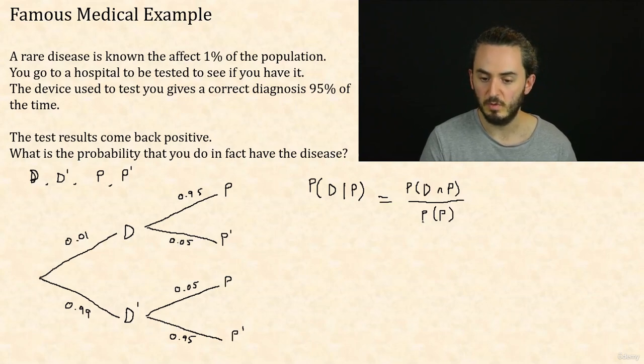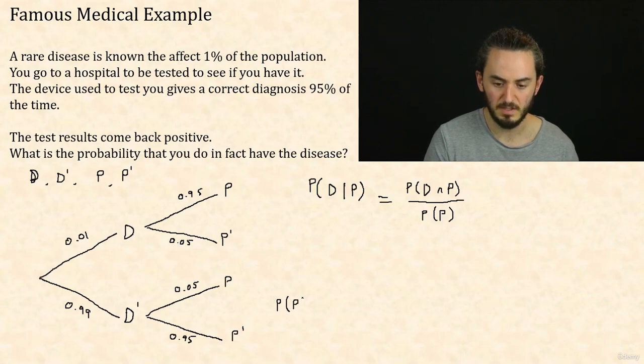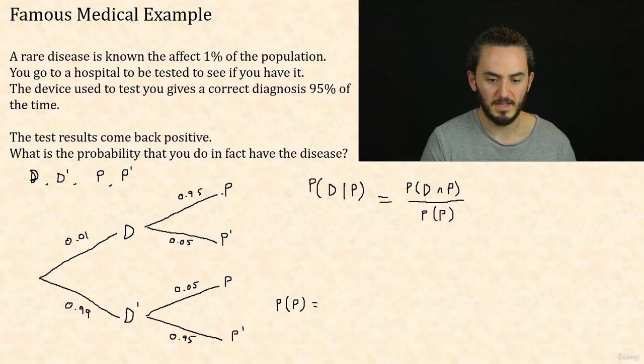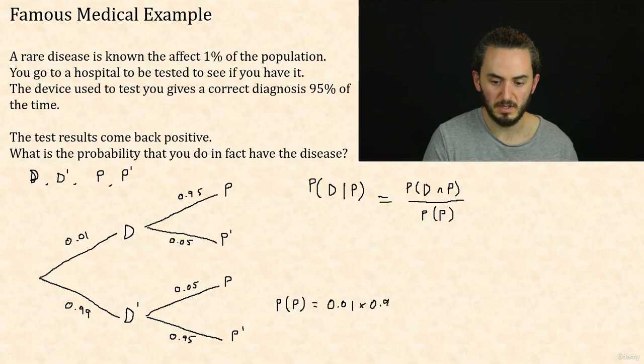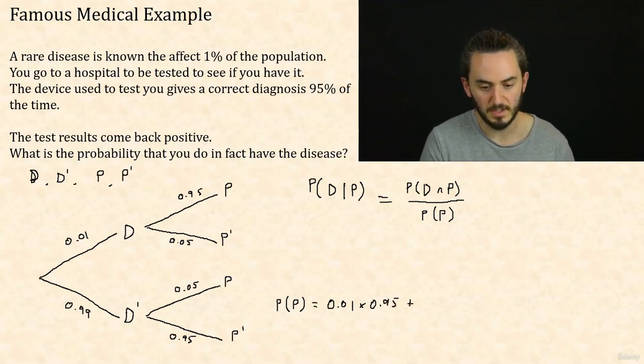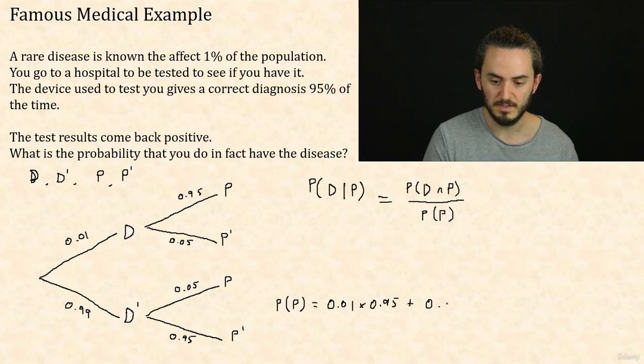So firstly, what's the probability of having a positive result? Well, the probability of having a positive result, P of P, apologies for the letters there, was either you have the disease and get a positive result, and so the probability of that is 0.01 times 0.95, or that you don't have the disease and you get a positive result, which is 0.99 times 0.05.